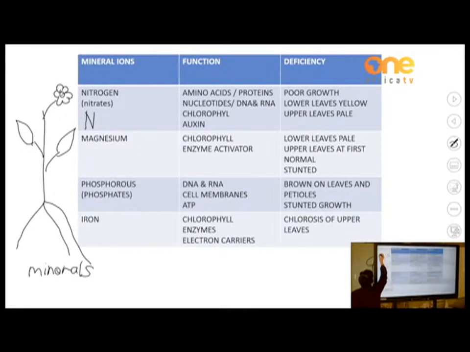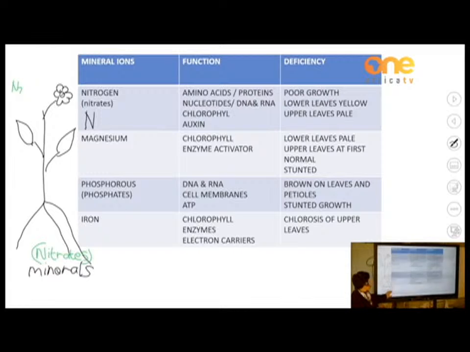The nitrogen gas needs to move to the soil. And in the soil, it becomes nitrates. It dissolves in the soil with the help of microorganisms, and it makes a salt.